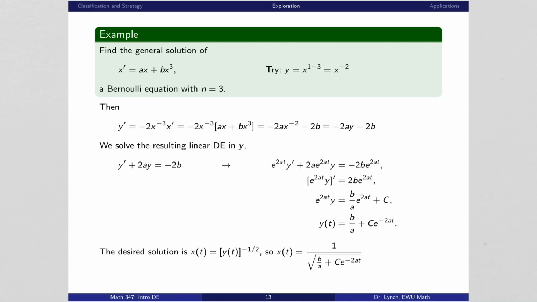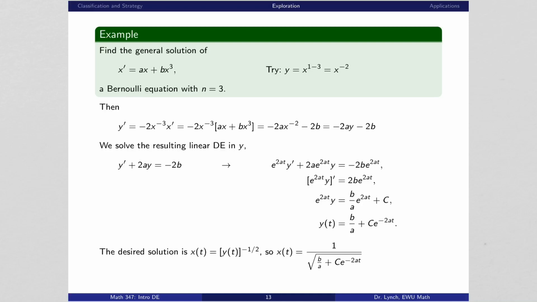If y is x to the minus 2, x is 1 over the square root of y, or better written as y to the power minus 1/2. And here we have an expression for x as a function of t that we've found by using this clever Bernoulli substitution, as well as first order linear differential equations.